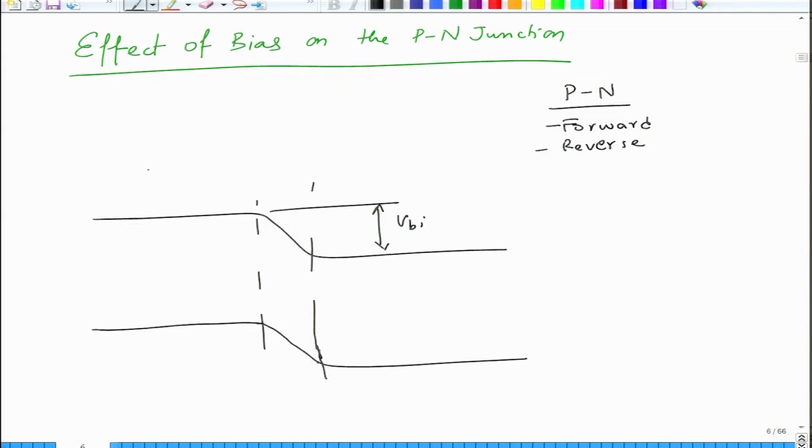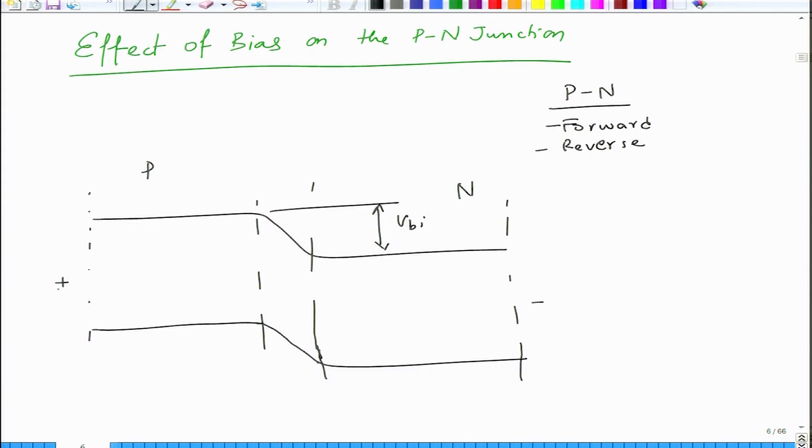It means that you have a PN junction here. Forward bias means your P side is made more positive, connected to the positive terminal, and the N side is connected to a negative terminal. This is called forward bias. What will happen in this case? Since you are applying negative bias to the N terminal, the electrons on the N side will feel a force to go to the P side.